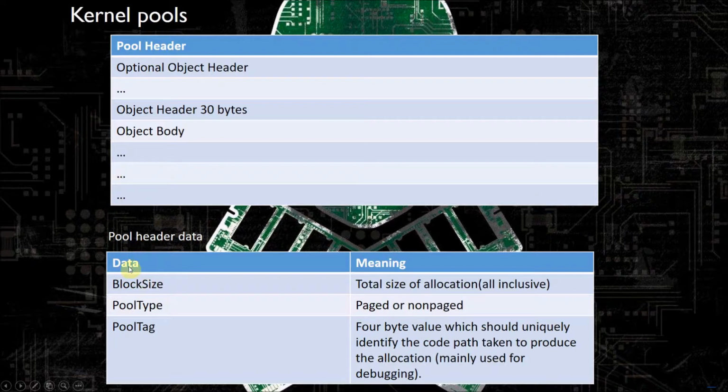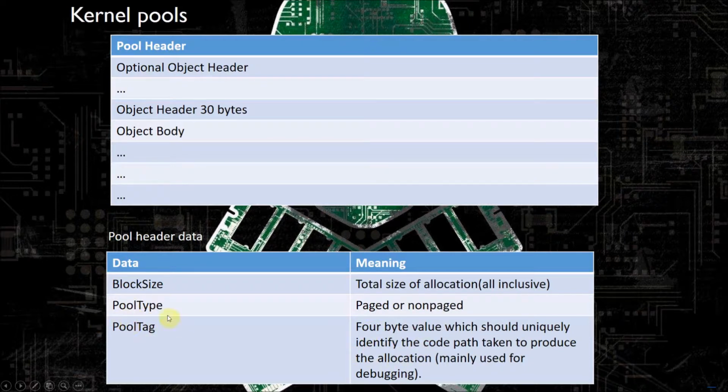Down here are some interesting data included in the pool header. We have the block size, which includes how big this header is, the pool type, whether it's paged or non-paged, and the pool tag, which is a 4-byte value which should uniquely identify the allocation. This is what was in the book, but I'm not sure if it's that useful.